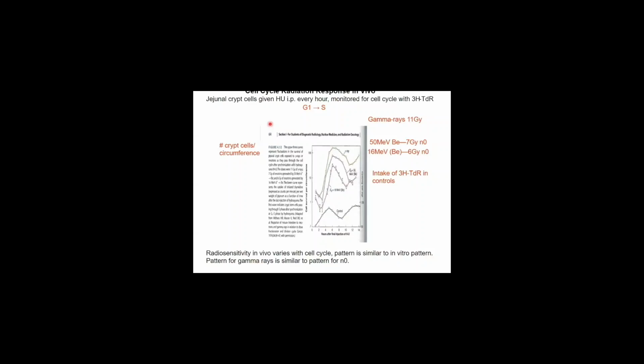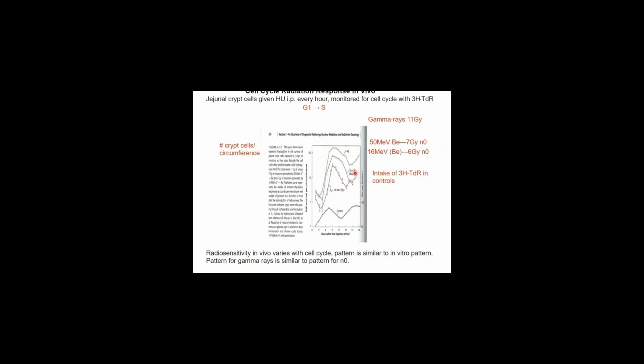It's being used in this example to look at radiosensitivity during the cell cycle in the jejunum. What we see is they gave these animals hydroxyurea in order to synchronize them in the cell cycle, and then they followed the progression. And here you can see that the patterns look very much like the patterns we saw for the cells in culture. Patterns were virtually identical with the in vitro cultures.